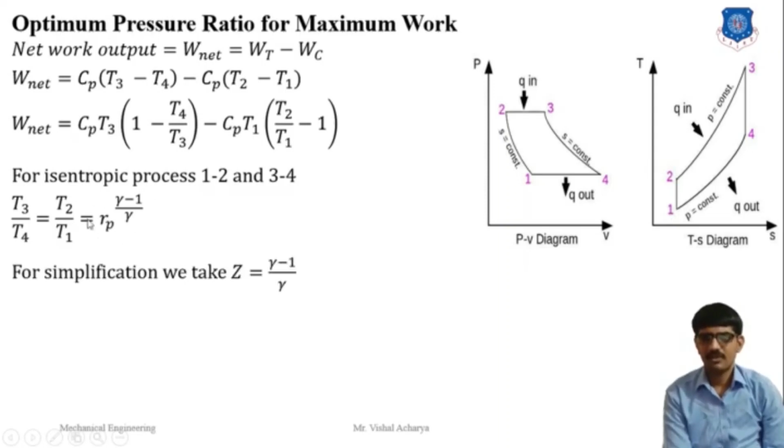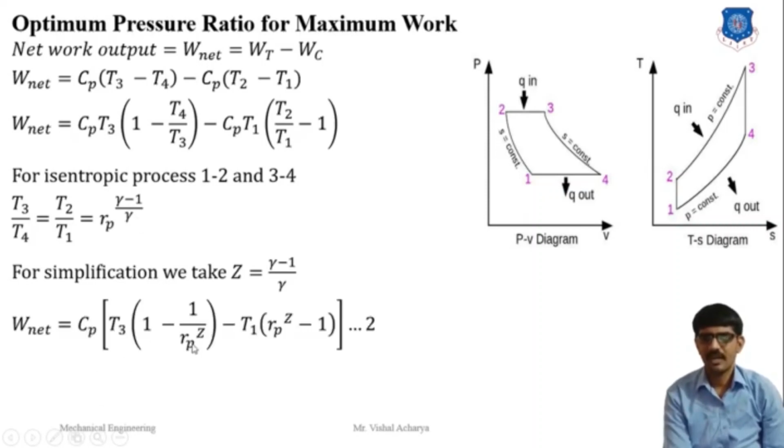For the simplification of the derivation, we have assumed that (gamma minus 1) by gamma is equal to Z. Write the equation here: T3 into (1 minus 1 by Rp raised to Z) minus T1 into (Rp raised to Z minus 1).